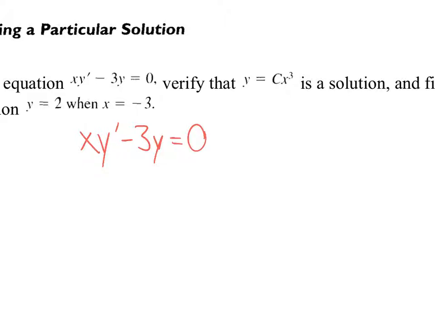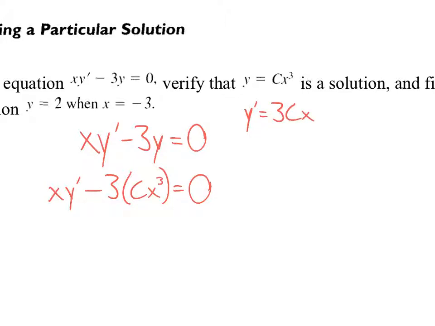So we have x y prime minus, well, y is c x cubed. So I need to figure out what y prime is. All right, what is y prime? 3c x squared.